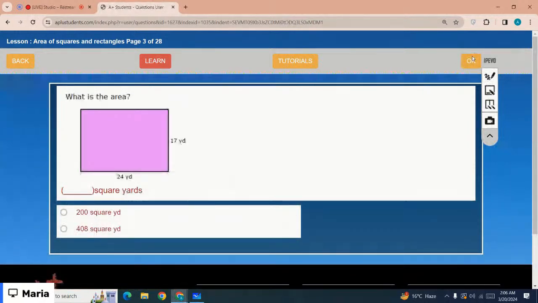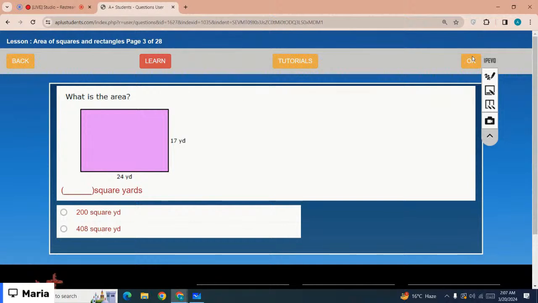Okay, what is the area? Which is the correct option? Yes, the correct option is base times height.